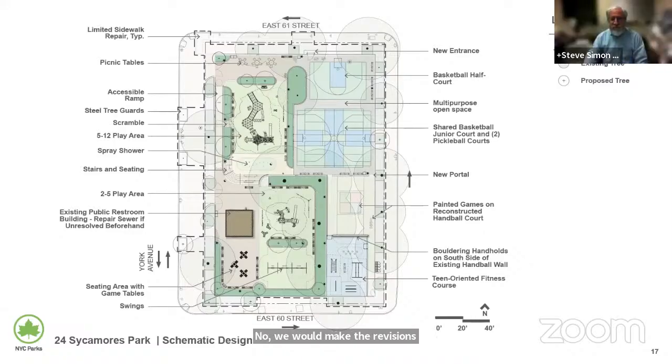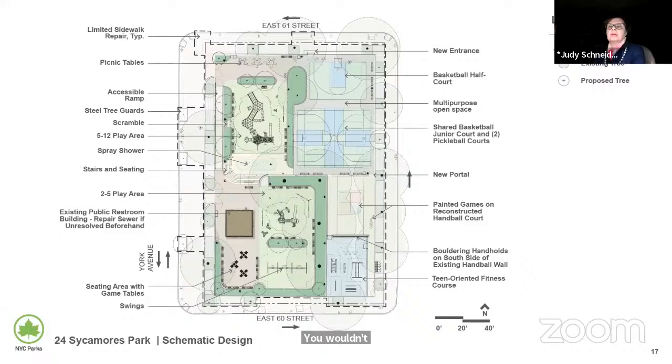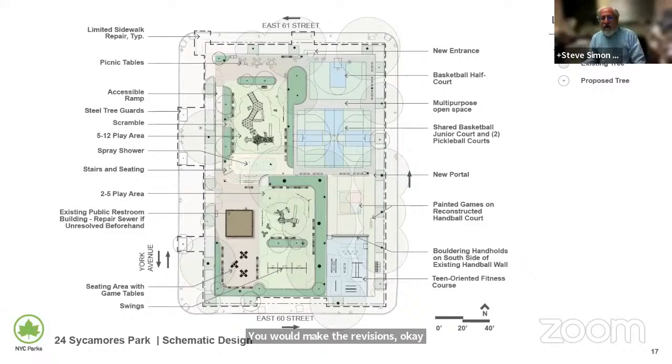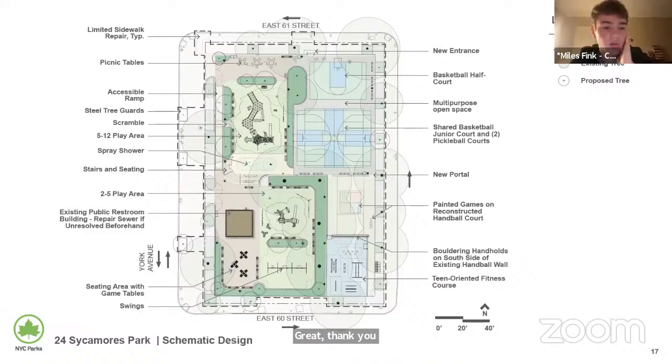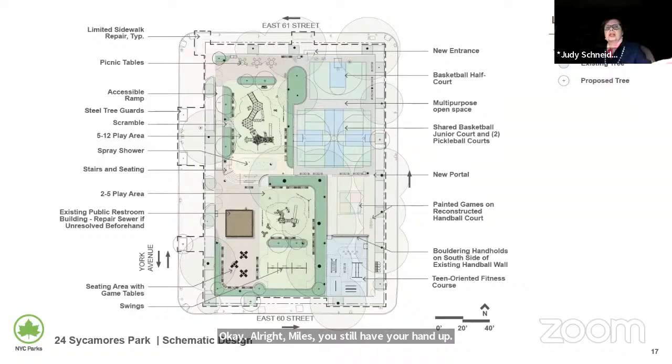Yeah. Okay. All right, Miles, you still have your hand up. Do you have another comment? Well, it's more of a question. Are we going to be presenting this to the full board, our resolution and the plans? This plan that you're looking at will be in our minutes so that the full board can see it. And this is what we will be presenting to them.